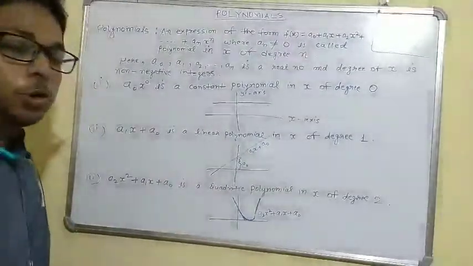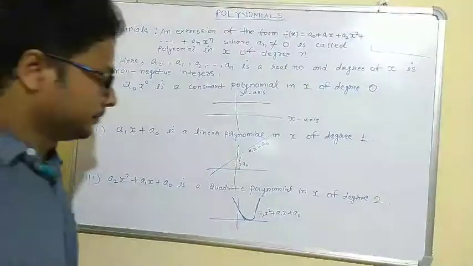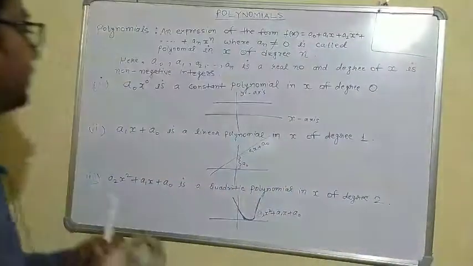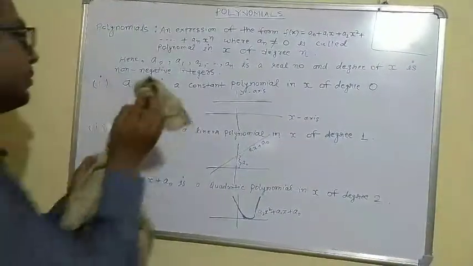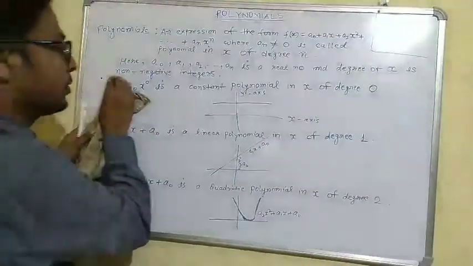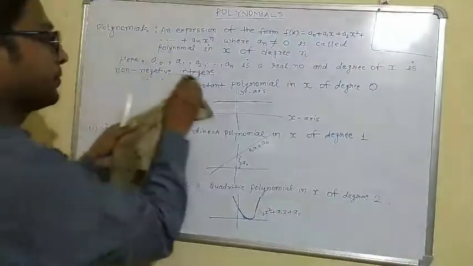Now fourth is the cubic polynomial. I am removing this constant polynomial expression.